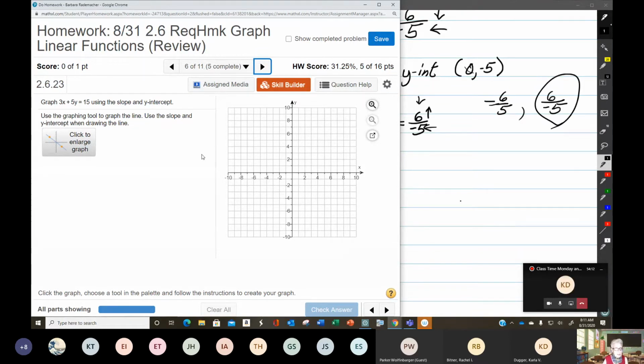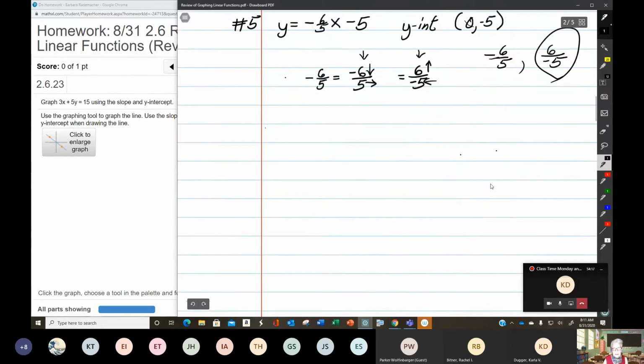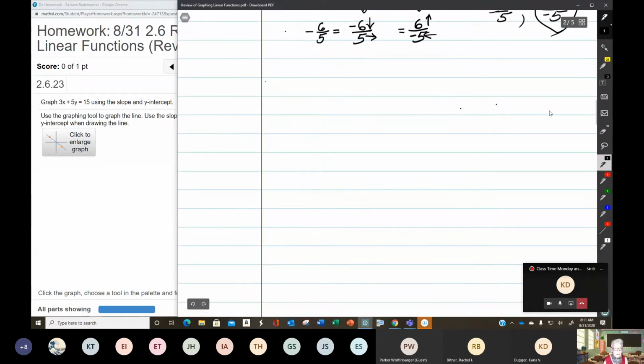So, number 6. Number 6 starts us off with 3x plus 5y equals 15. Now, if we had been asked for the intercepts, this would be great for the intercepts.